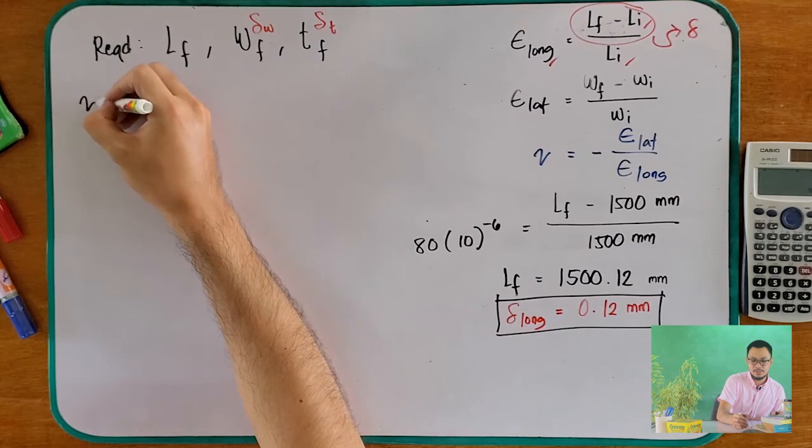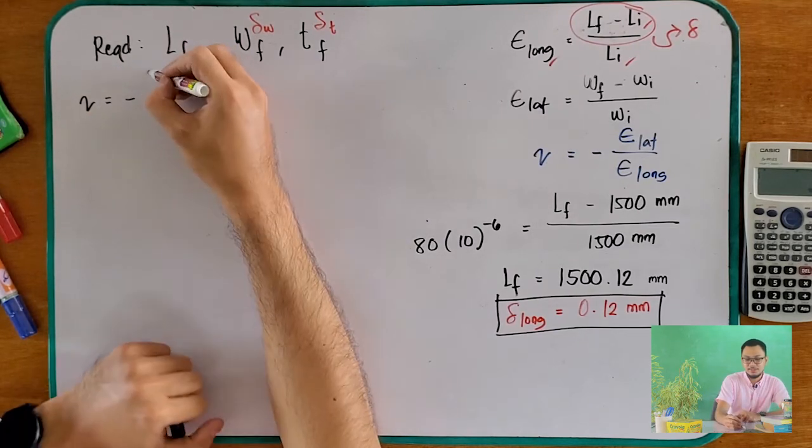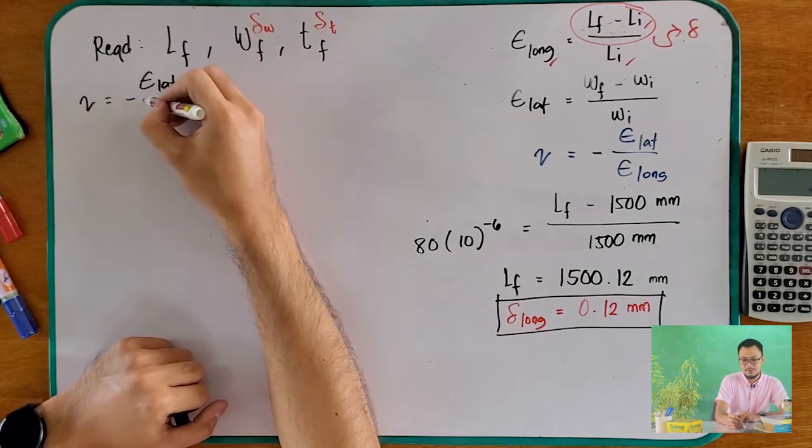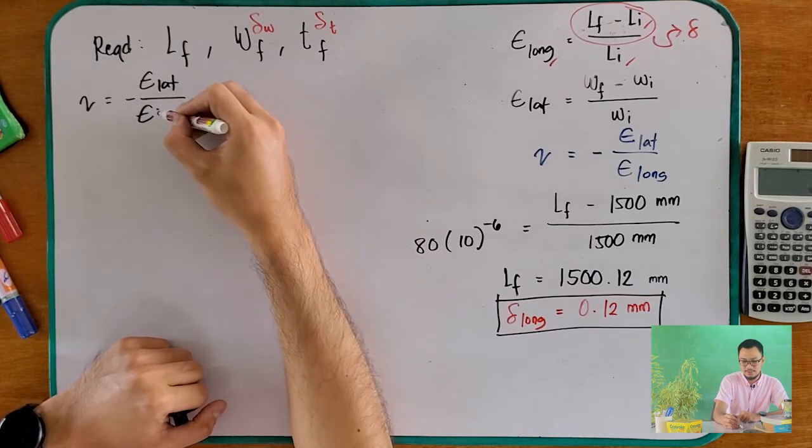Okay, so let's continue. We are now going to solve for the lateral strain. As you can remember, we have an equation that relates your longitudinal strain and lateral strain, and that is, again, your Poisson's ratio, which is equal to the lateral strain over the longitudinal strain.